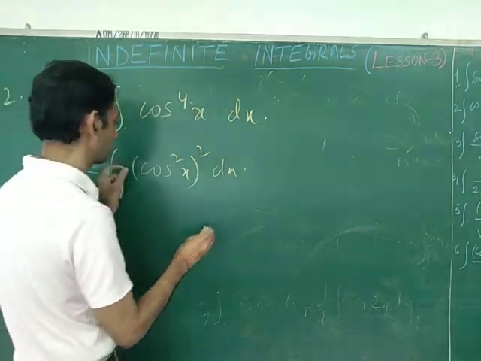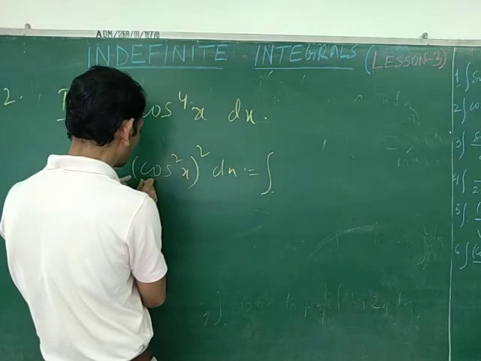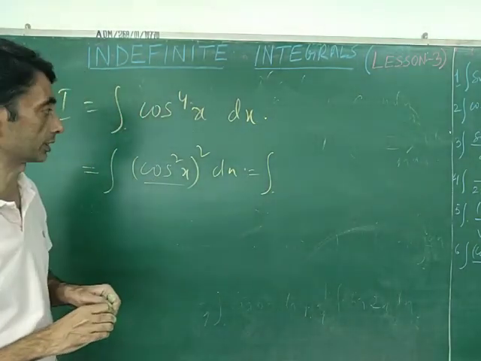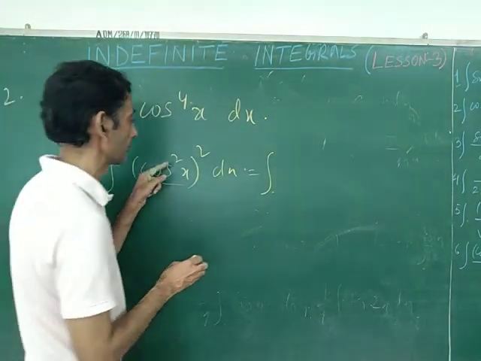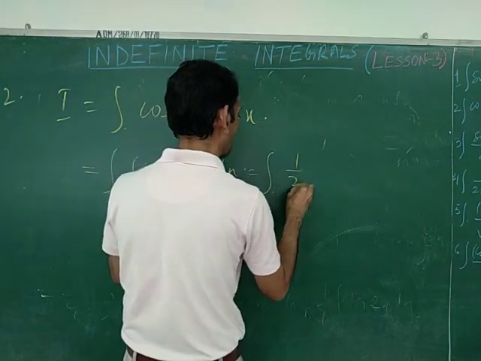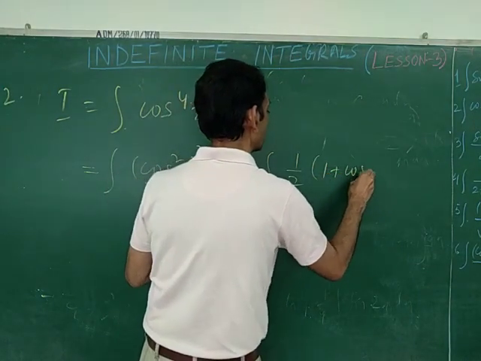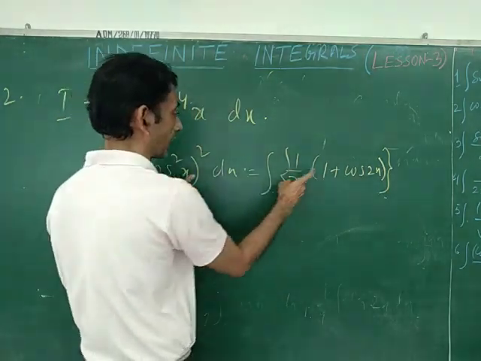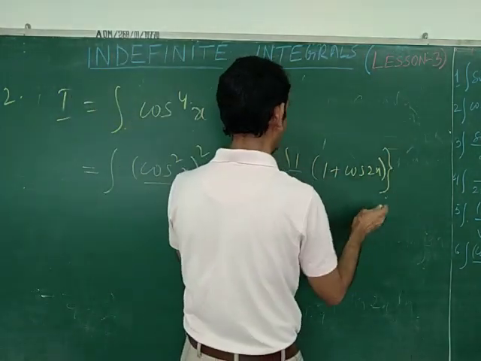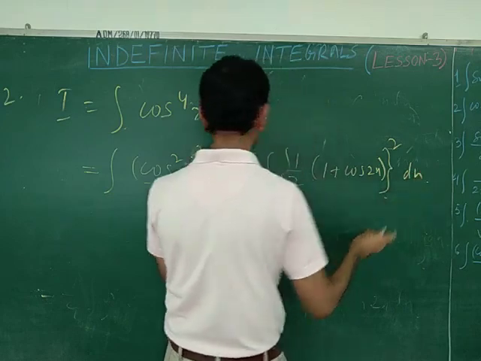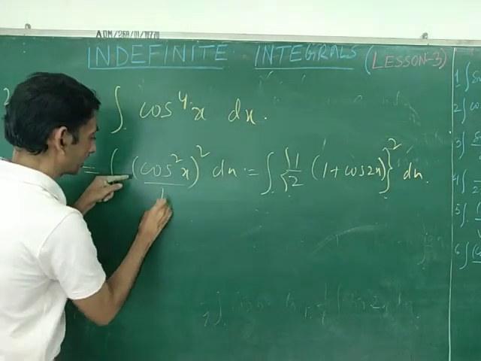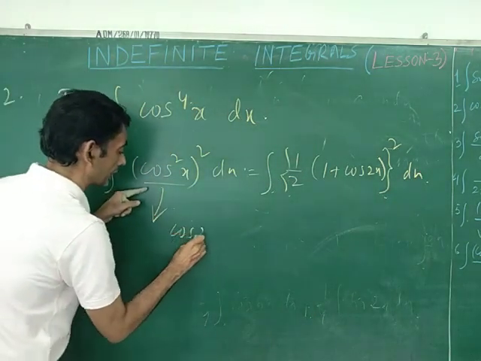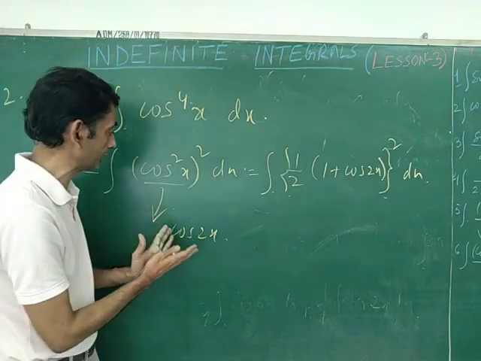Now we're going to write the formula for cos^2 x. What's the formula for cos^2 x? It can be written as half (1 + cos 2x), and the square is there, dx. I can show you this formula.